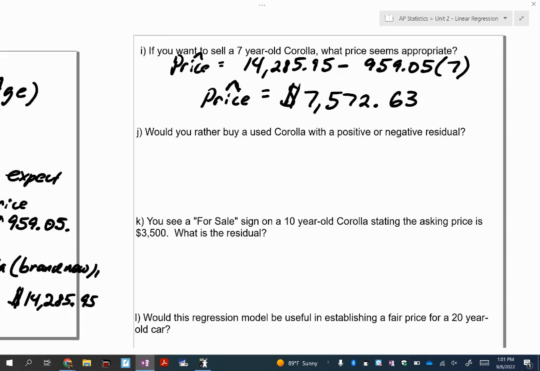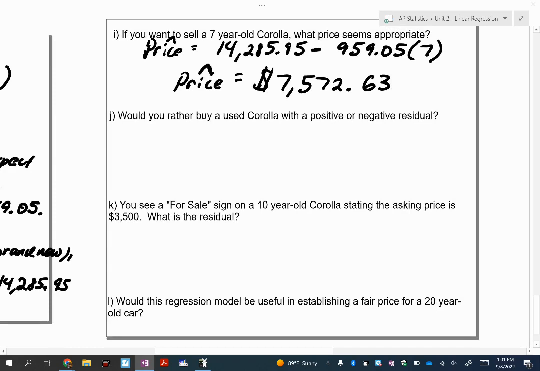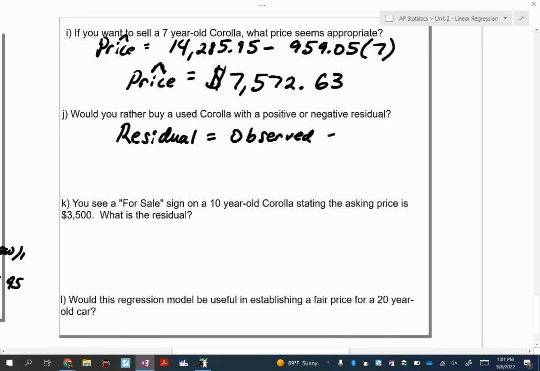Would you rather buy a used Corolla with a positive or negative residual? Here we go again. Residual equals observed, what's actually happening, minus what the model is predicting. I tell kids to make up some numbers to sort this out. If I buy a car with a positive residual, the observed value is greater than the predicted value.